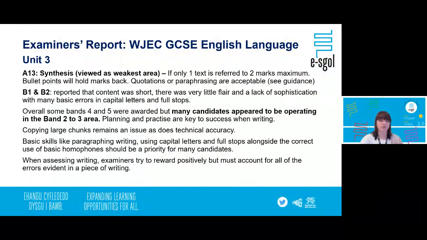Don't get me wrong, it's fine to take bits of it, like Miss Hales referred to as magpieing, so taking little parts from it, and also picking out some of the ambitious vocabulary choices, like was mentioned earlier. Pick out the ambitious vocabulary that's used in this reading material and work it into your own pieces, but don't copy wholesale chunks from it.